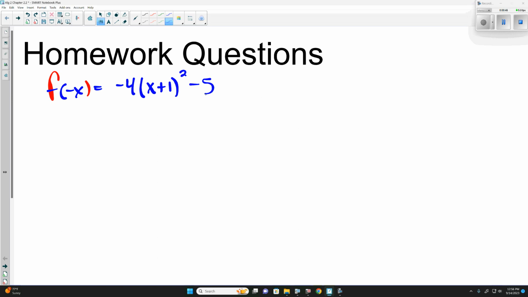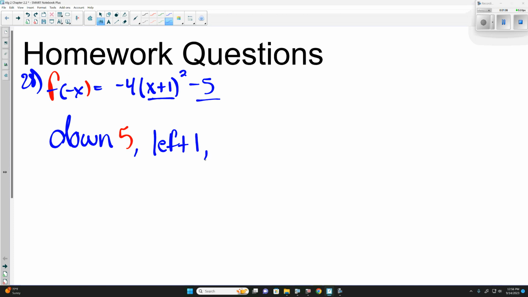So the first thing we want to do is describe the transformation. So the negative 5 is down 5. This would be 28. The plus 1 inside the parentheses would be our left and right, and it would be left 1. Now the negative 4 out front actually is two different transformations.